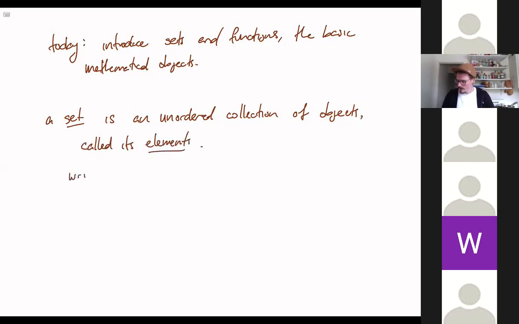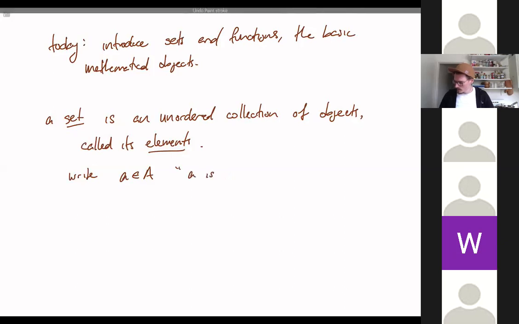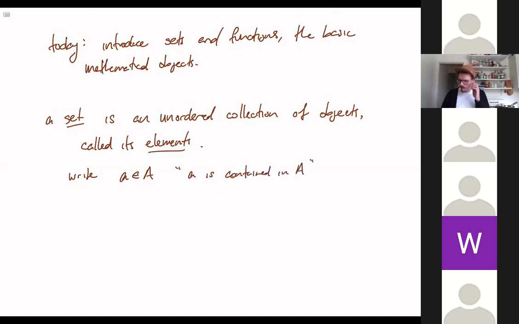And we write this symbol, which means that you are an element of a set.